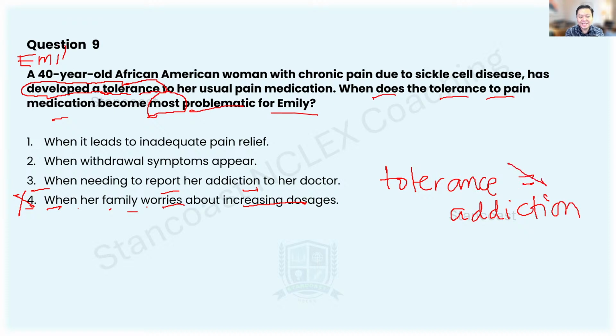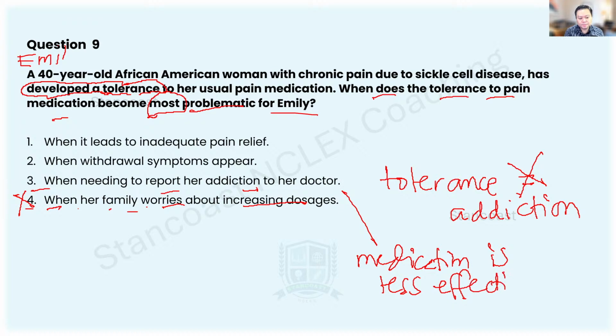Tolerance does not equate to addiction, and it simply means that the medication is actually less effective over time. Medication is less effective, and this is expected, guys. And this is true in pharmacology. This is what we refer to, I believe, as tachyphylaxis.